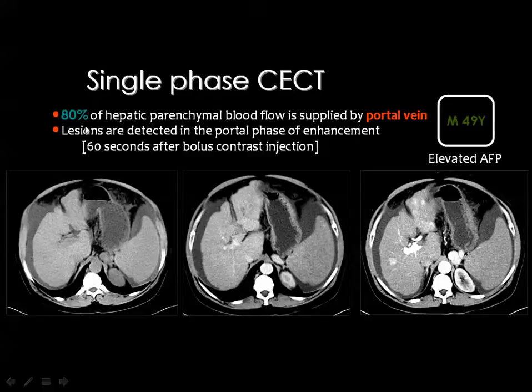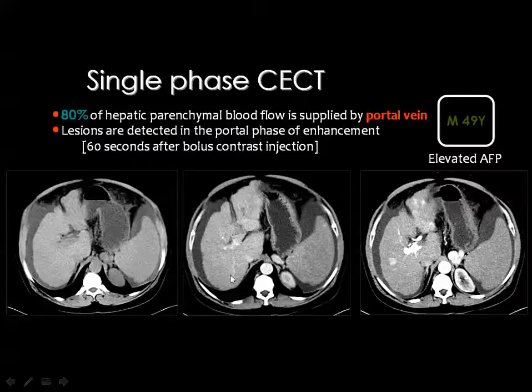Then this examination, which was known as the single phase contrast enhanced CT scan, was performed by obtaining a pre-contrast scan for the liver. Then we inject the contrast media intravenously, and we scan the liver once more. If you look here, you see that the liver is cirrhotic, the spleen is enlarged, and there are some ascites.